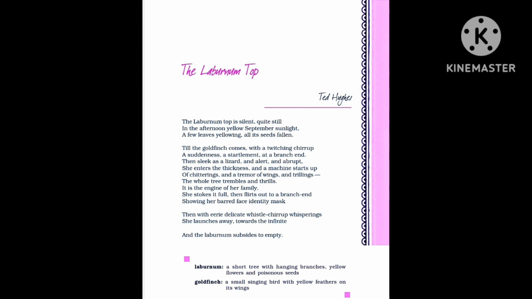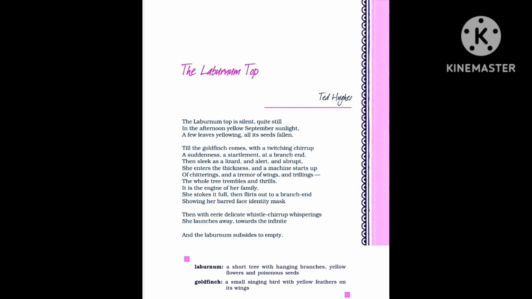But when the goldfinch, a singing little bird, enters the laburnum tree with a twitching chirrup, meaning a sudden jerk movement, when it enters with a sound, the tree started to move. It was a sudden jerk, sudden movement in the tree. It started because the goldfinch entered the tree.